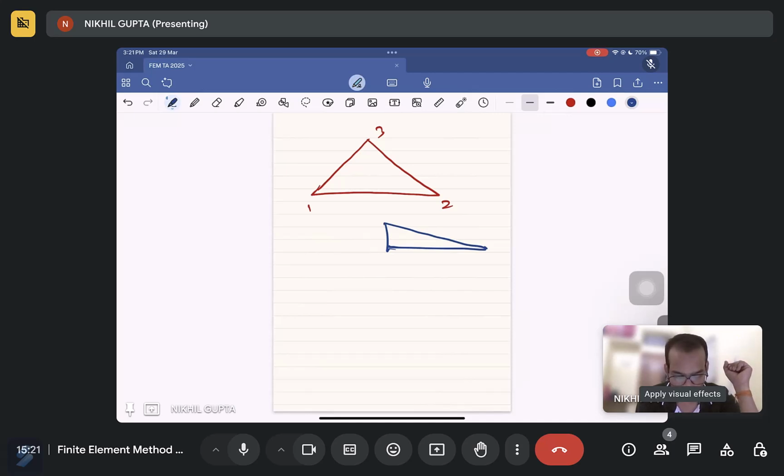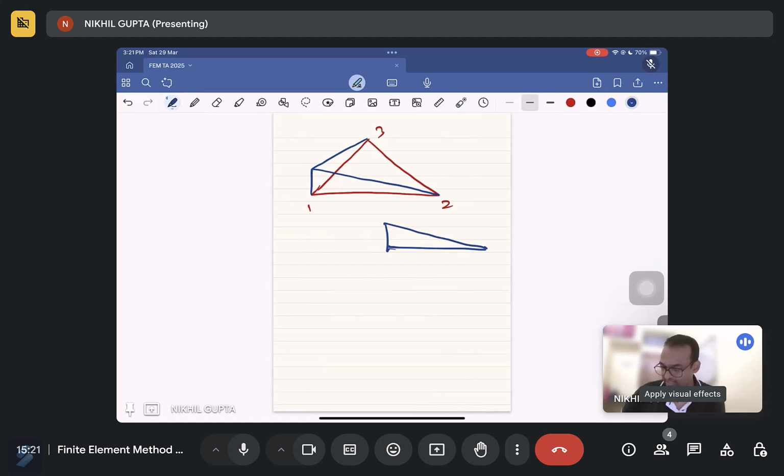I think it will be linearly varying, no? So it will increase at 1 and go like this. Is it okay? Yes. So 0 at the other points and 1 at node 1.